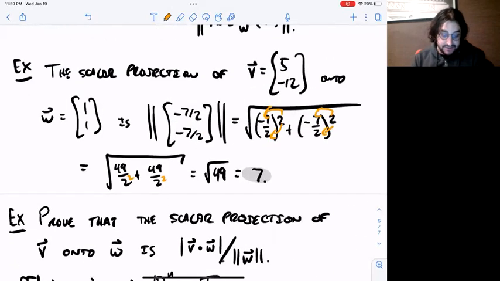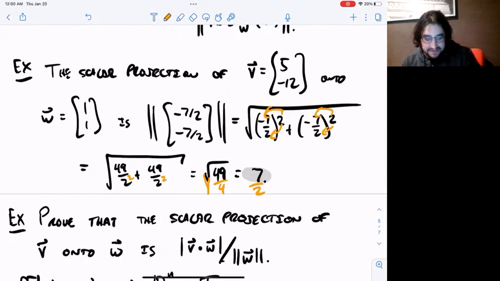So this should have been square root of 49 over 2 squared plus 49 over 2 squared. That is the square root of 49 over 4, right? Which still becomes 7 on top, but then it becomes 2 on the bottom, right? And there we go. Now we're dividing by the magnitude there.